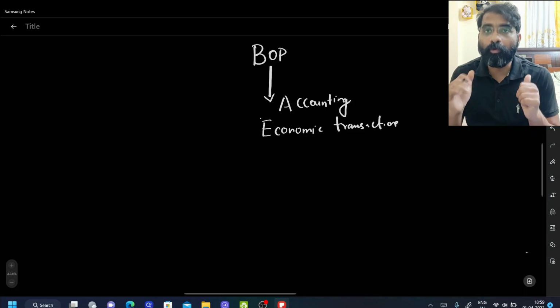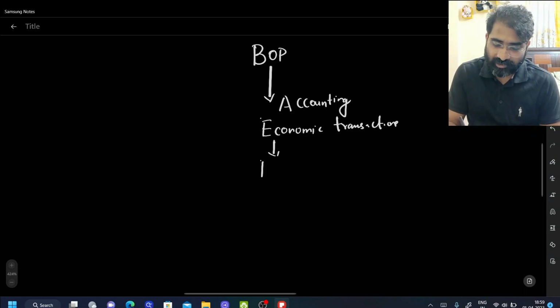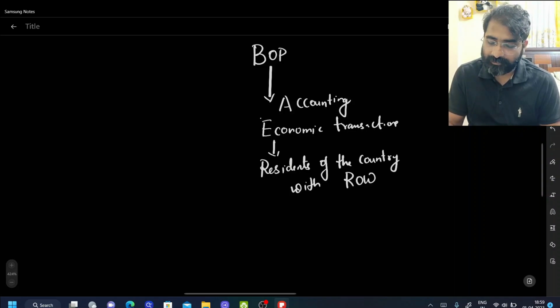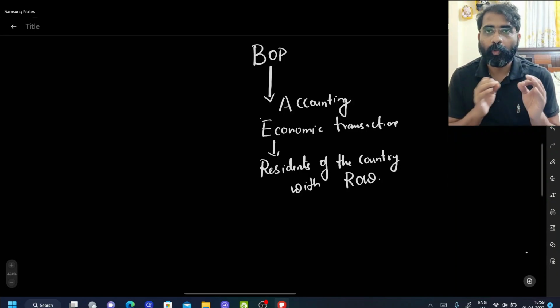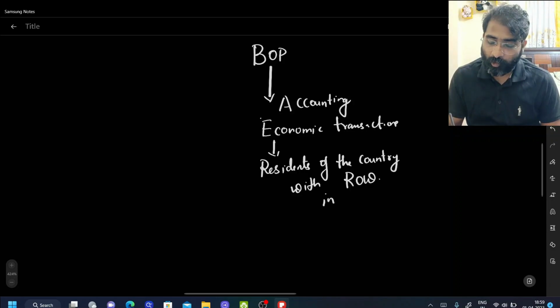The important aspect is it records economic transactions of the residents of the country with rest of the world. This is what is very important. Residents of the country with rest of the world in one financial year. When I say one financial year, that is basically from April 1st to March 31st.